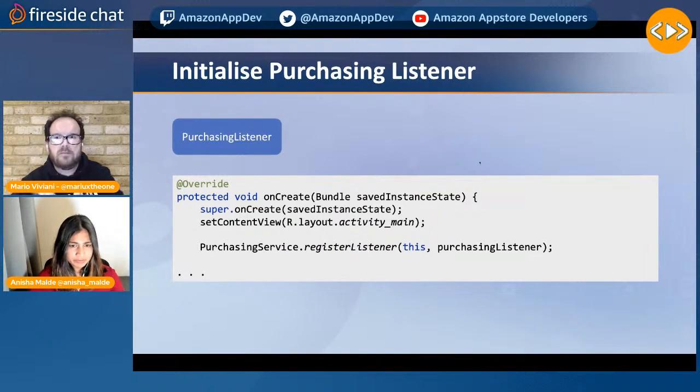This snippet of code on screen shows how, on a demo app, you can register the purchasing listener in the main activity of your app. This method is the mechanism through which those callbacks will occur. You should call register listener before you call any of the other methods in your purchasing service class to ensure that everything goes through your purchasing service.